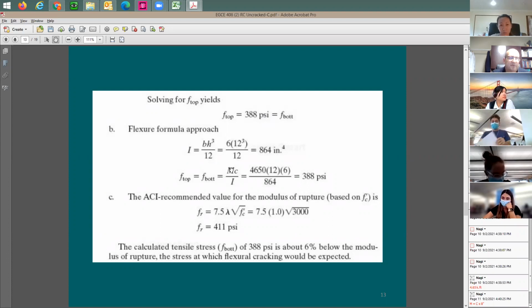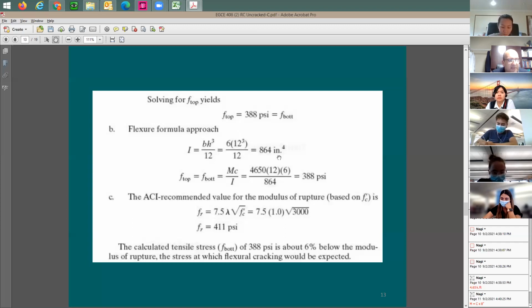It is going to be the moment divided by the moment of inertia, multiplied by C, 1/2 of the height. Here's the moment, divided by the moment of inertia, 864. We multiply by 12, just because of units, and then again multiply by 6 inches, which is 1/2 of the height. It turned out to be the same, 388 psi.